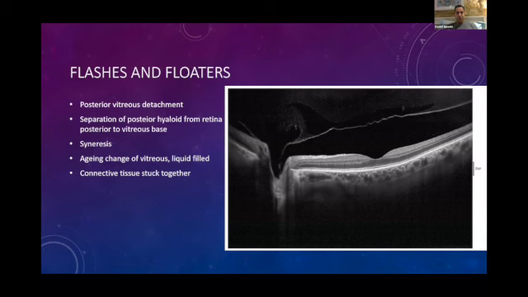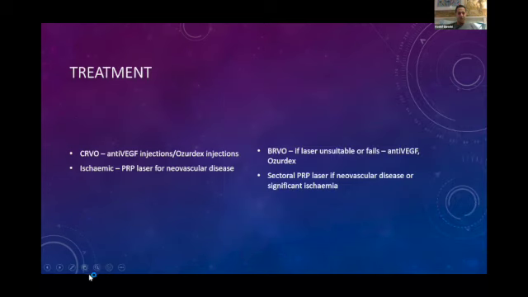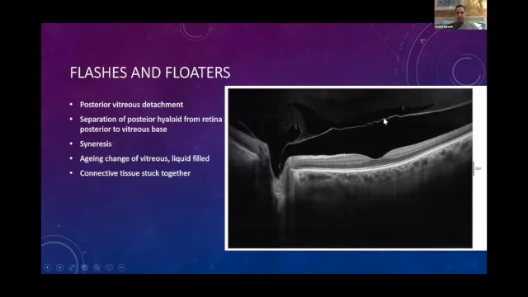So we all know that the vitreous, as adults, degenerates and becomes a bag of liquidy water filled with bits of connective tissue that float around in it. And eventually the posterior hyaloid separates from the retina. What actually happens is that the posterior hyaloid face that you can see here splits, and the liquid water inside then peels the posterior hyaloid face off the retina and lifts it up.